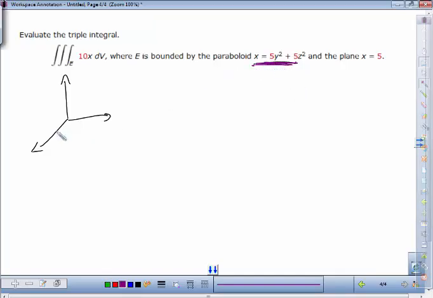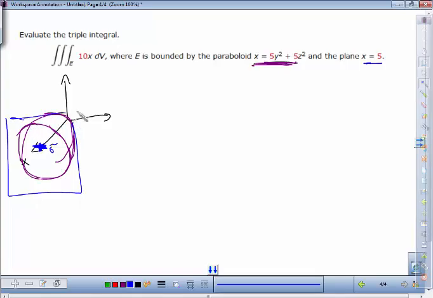This is your x axis over here, so it should be opening up in the positive x direction like this. Okay? So that's the paraboloid. And then I have a plane, x is equal to 5, so if you just imagine where 5 might be, maybe I would imagine 5 to be over here. Just put a cap on that paraboloid to make it stop over here.